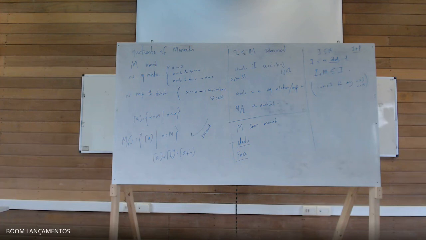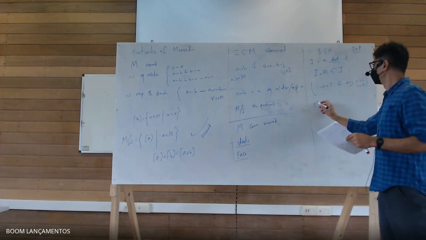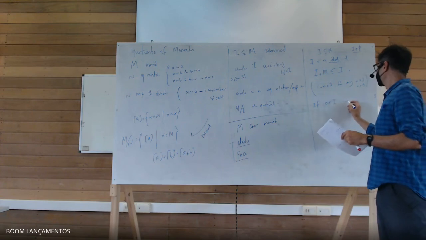Could you tell me what would be I if it has a 0 element? If 0 is in I, and I is an ideal, what do I get? So if 0 is in I, then what do I get?